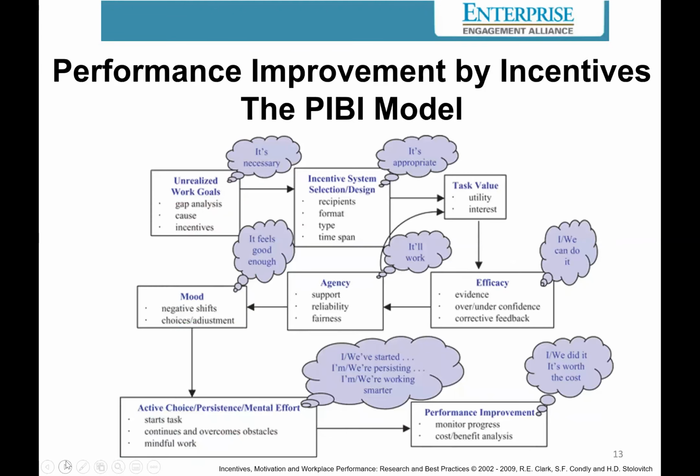So this is a complicated slide, but it's important as we go more into the importance of having a strategic and systematic approach to improving performance. This is actually a model that was developed in the early 2000s by professors at the University of Southern California. They take a model of how you design any type of engagement strategy.